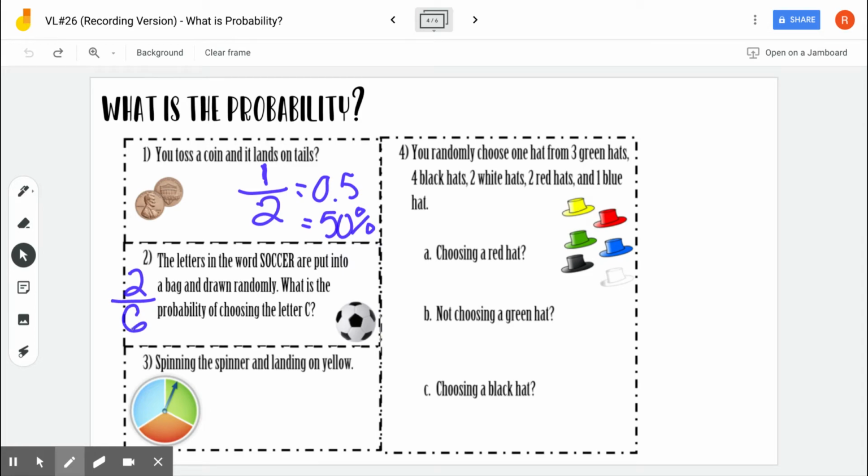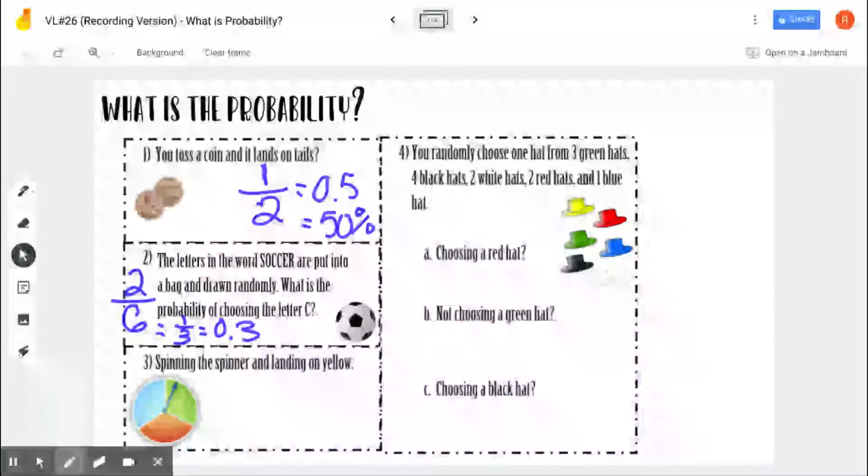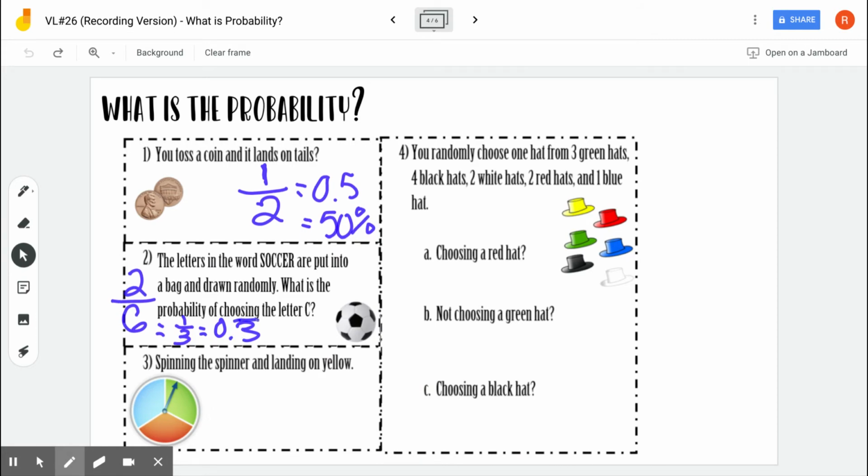Okay, this can be reduced. 2/6 is the same thing as 1/3, which could be written as the decimal 0.3 repeating. So you can also represent that as a percent. However, in this case, 1/3 is a much easier way to talk about it because it's a repeating decimal.